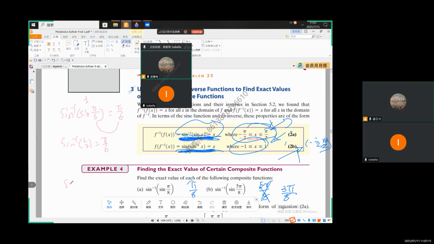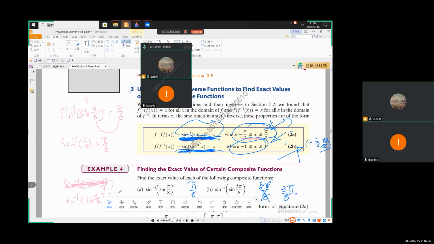For example, if we do not limit it, if it is 5 pi over 6, he wants you to do sine inverse and it gives pi over 6. It's the same thing. Does that make sense? So he doesn't want you to remember this one.